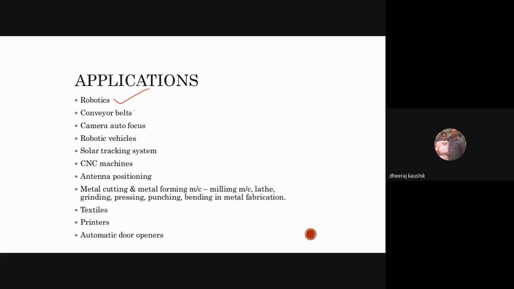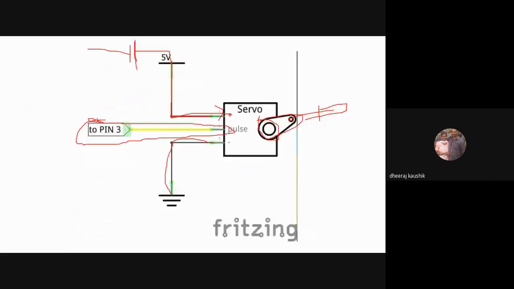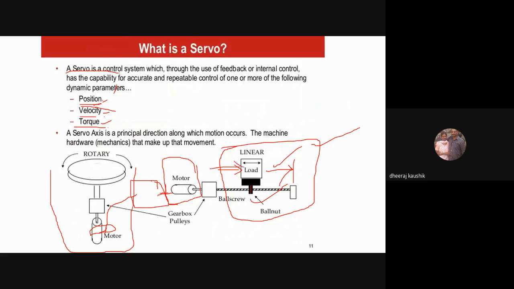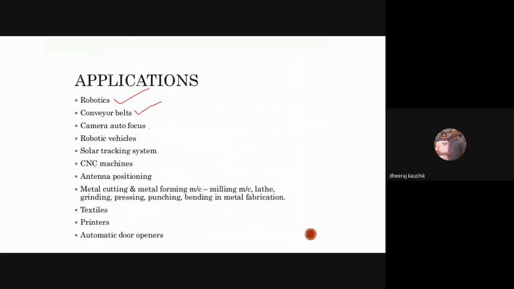It is used in conveyor belts, as we have discussed here. This is the application of a conveyor belt, where a load is moving from this end to this end. It is also used in camera autofocus. Have you ever wondered how your camera automatically focuses on things in front of you? It is actually a combination of software as well as electronics.